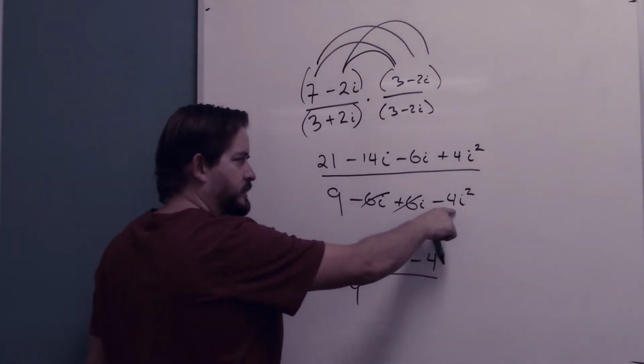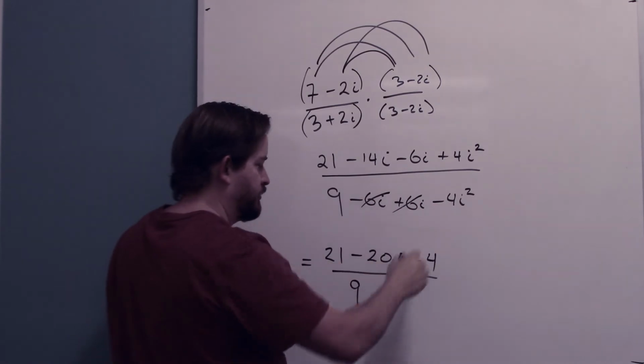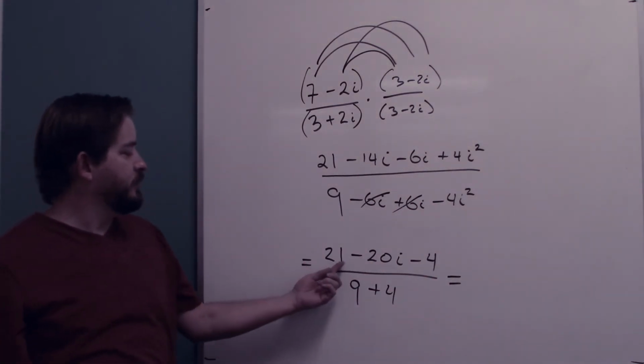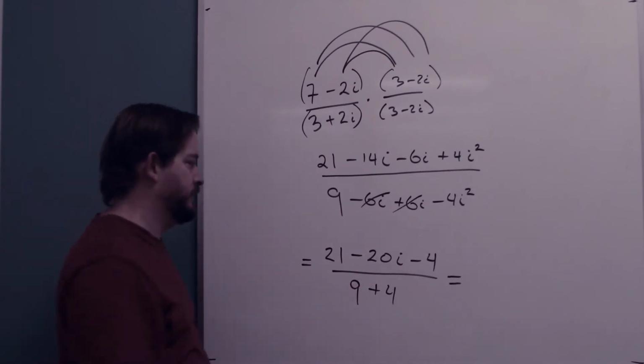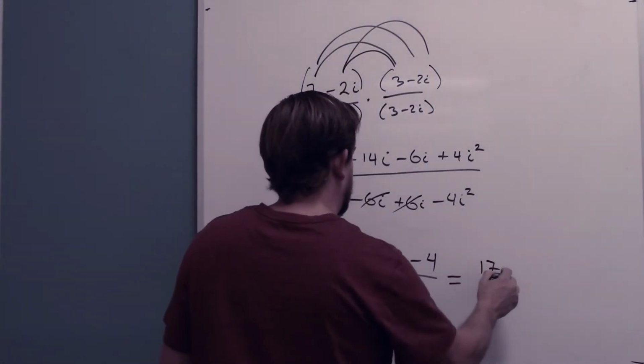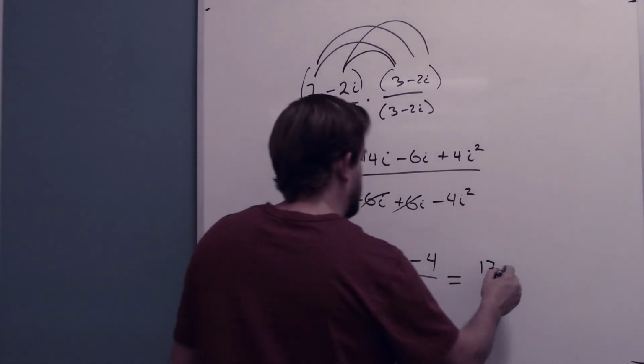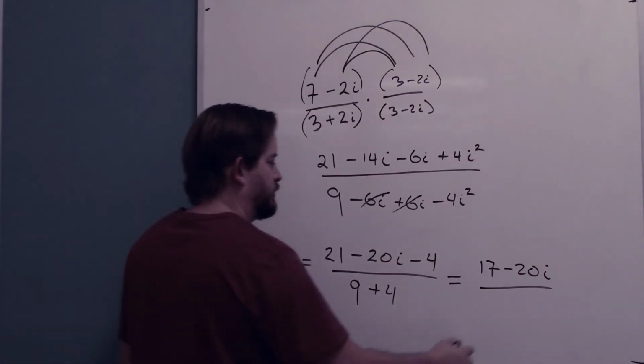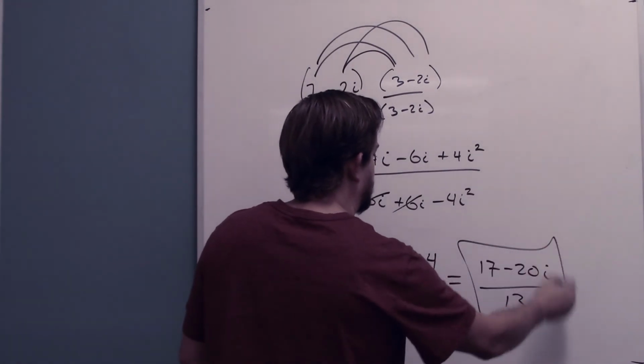And then minus 4 times i squared, which is negative 1, becomes a plus 4. I can simplify the numerator, 21 minus 4. Still minus 20i. All over 9 plus 4, and I'm done, right?